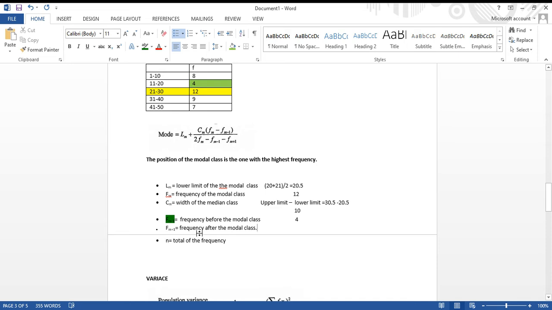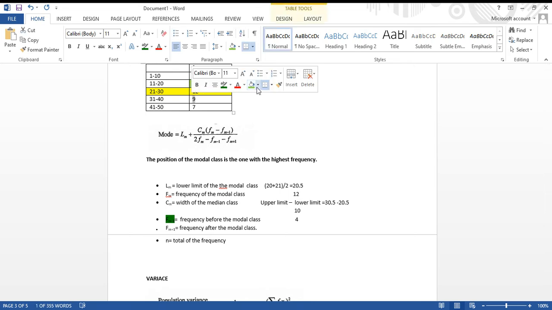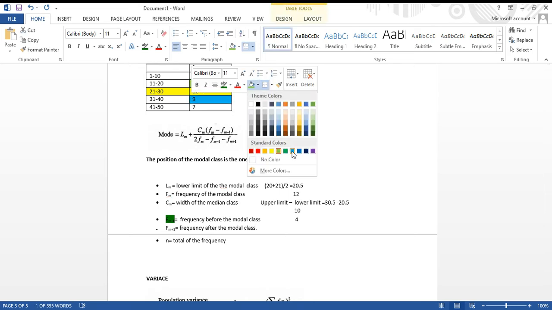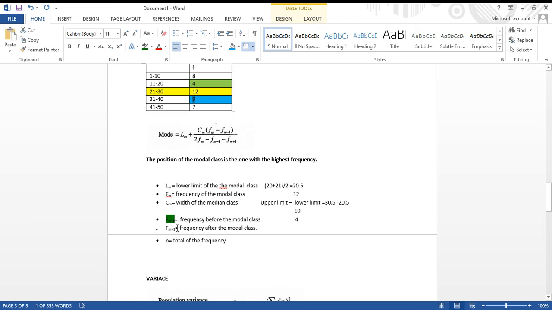Then this is the frequency after the modal class, which is 9.